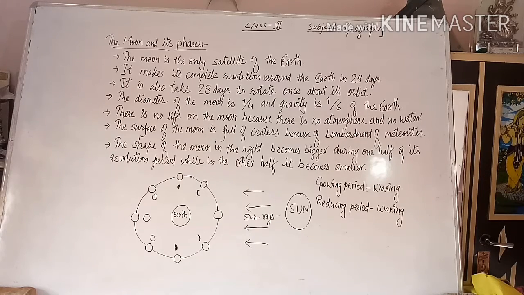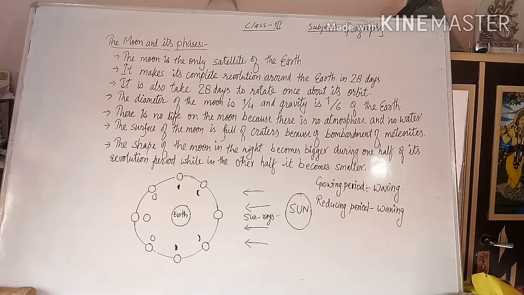There is no burning because there is no atmosphere. There is no atmosphere, then how will meteorites burn? If they do not burn, then they hit in their original shape, and then they make craters. So that is the reason behind the many craters.